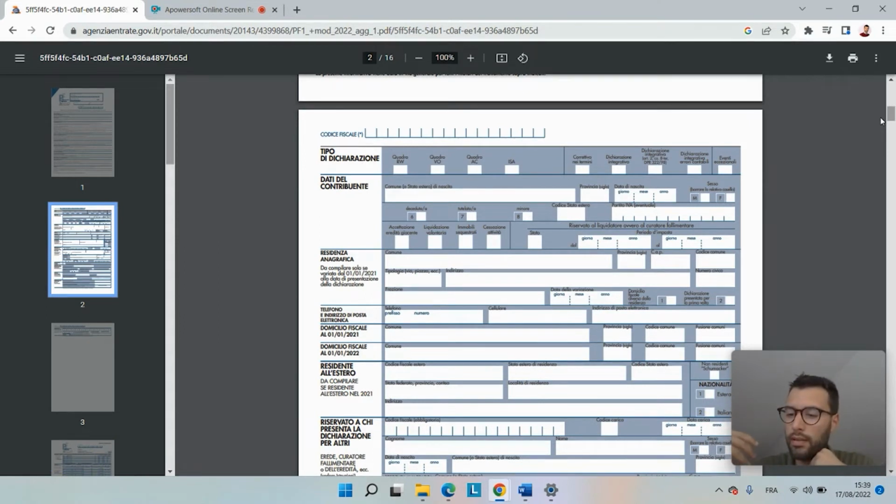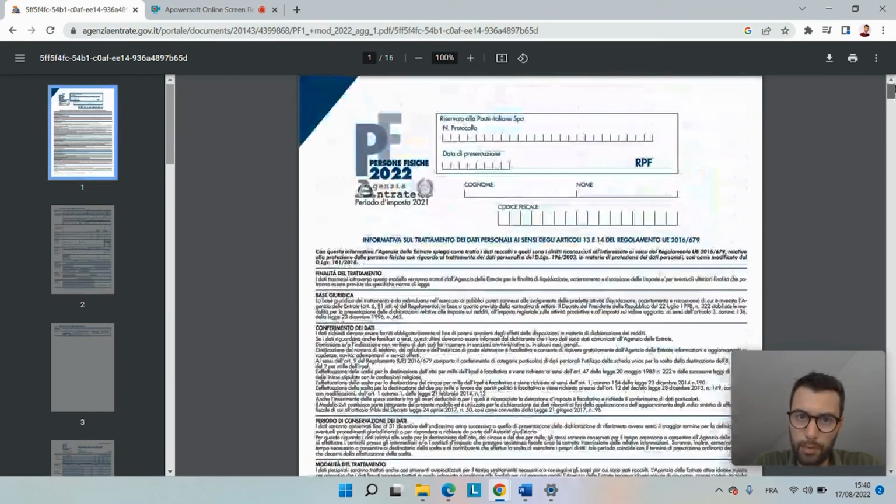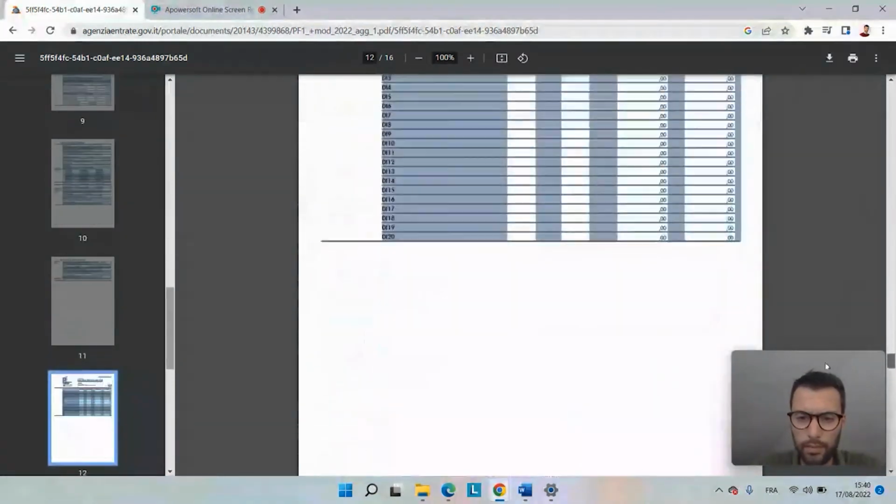Normally your company sends it, or let's say companies simplify the process for the employee. But please remember, if you are a person with other revenues, you have to complete this form.